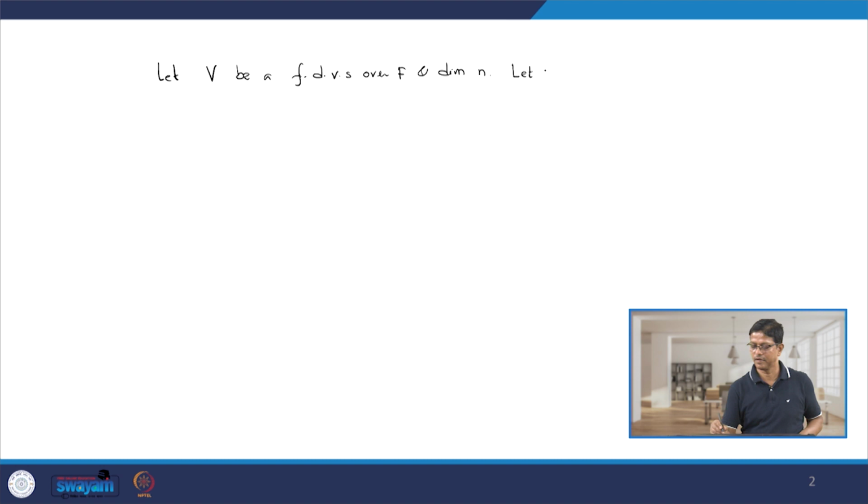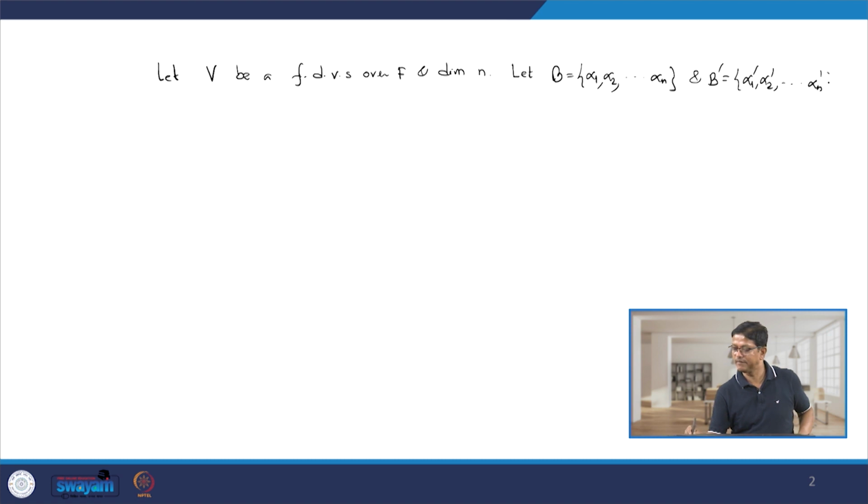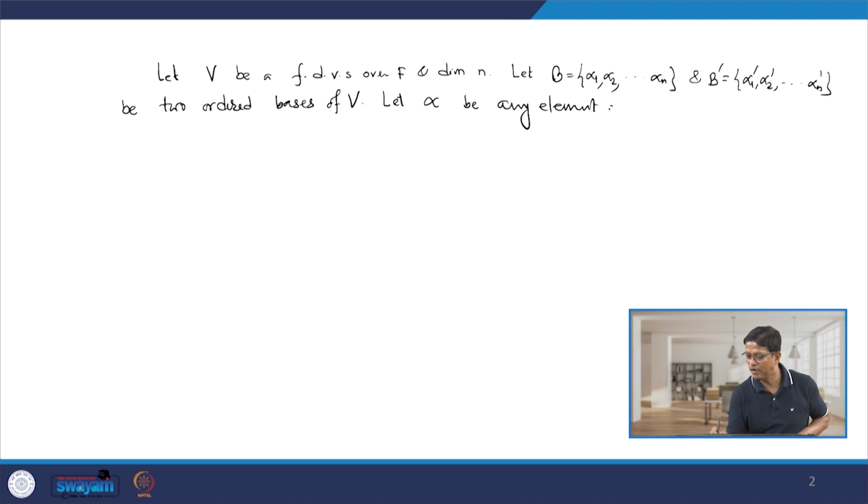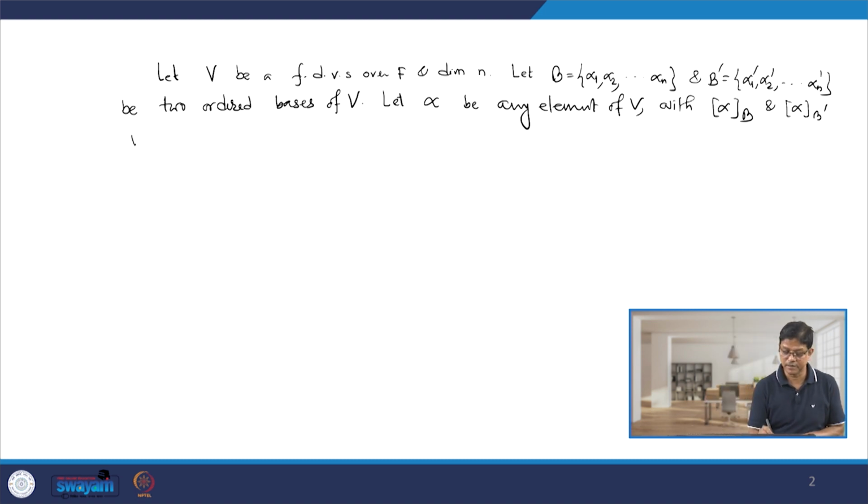Let B equal to alpha 1, alpha 2, alpha n, and B prime equal to alpha 1 prime, alpha 2 prime, alpha n prime be two ordered bases of V. Let alpha be any element of V with coordinate matrices of alpha with respect to B and with respect to the ordered basis B prime being capital X and X prime respectively.